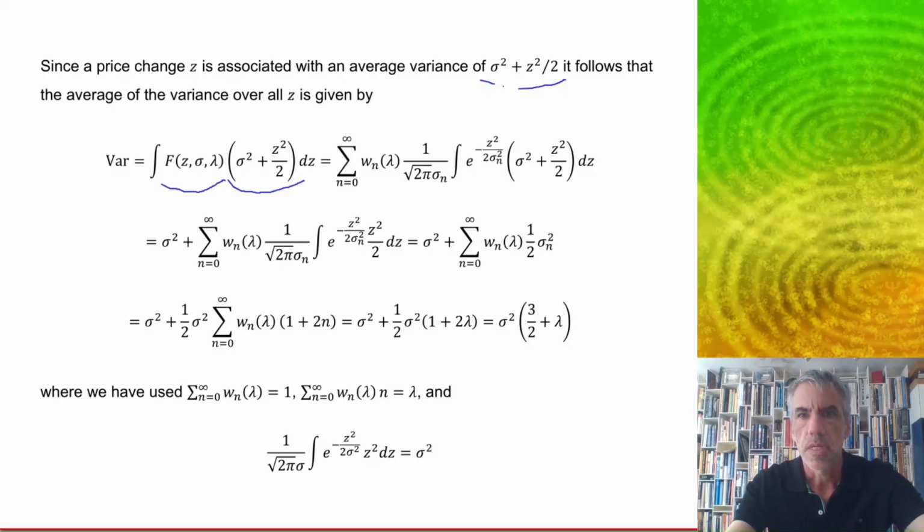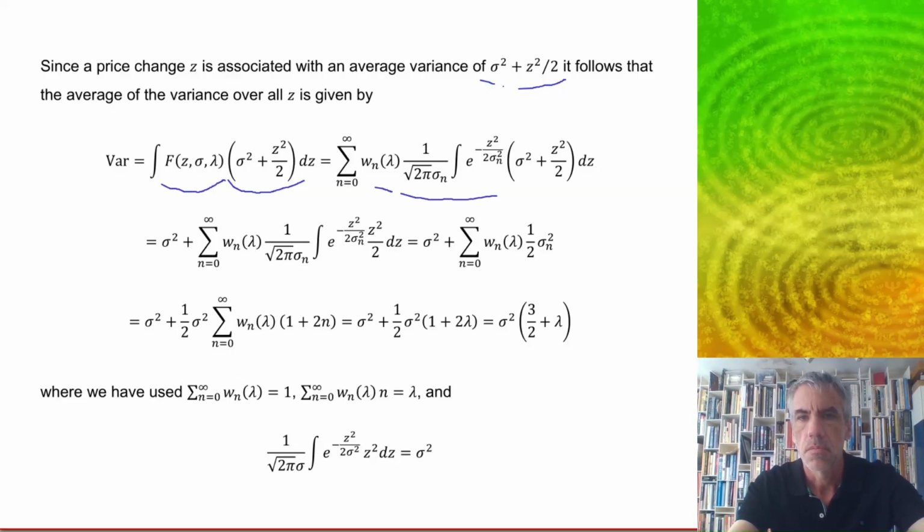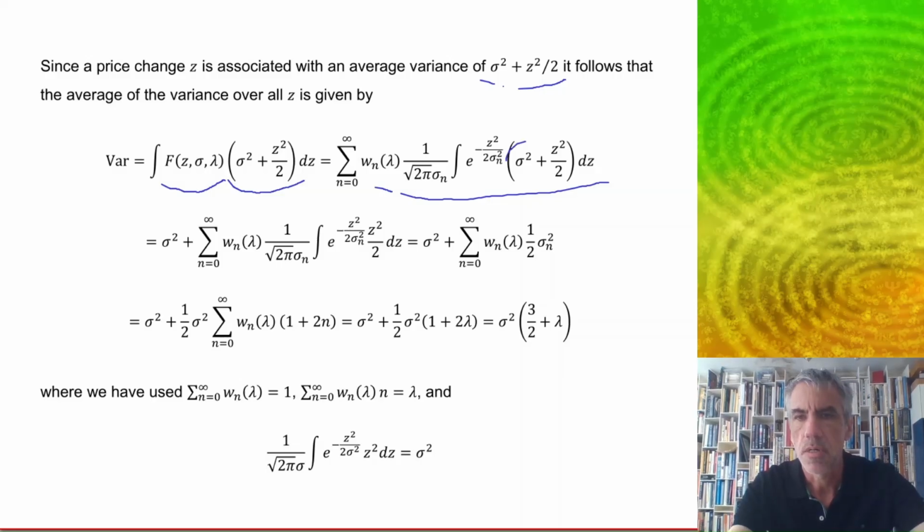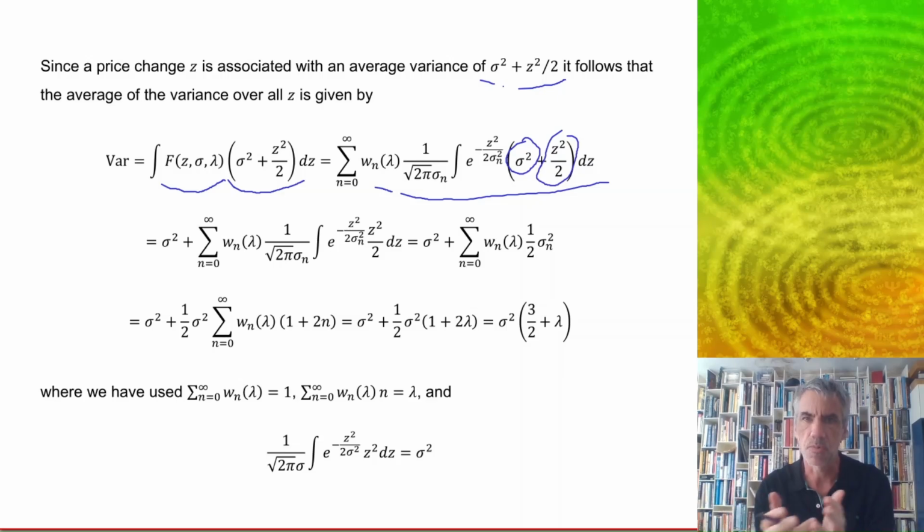And when we use the expression for f, then we get all of this. So we can think of this as two parts. We've got a part with a sigma squared and a part with a z squared over 2. If we take the sigma squared out, that's a constant term, and then we just have a Poisson-weighted sum of Gaussians, and you can just check that that's going to equal sigma squared.